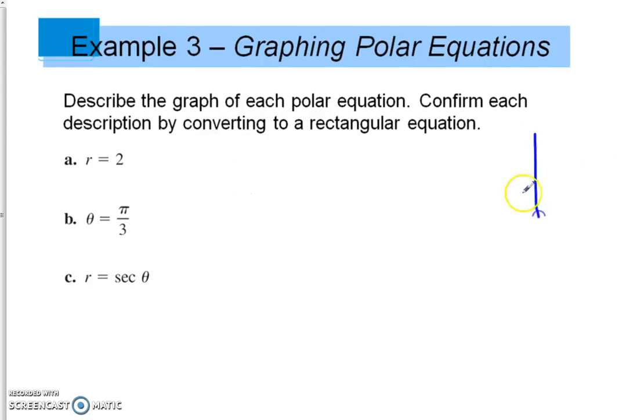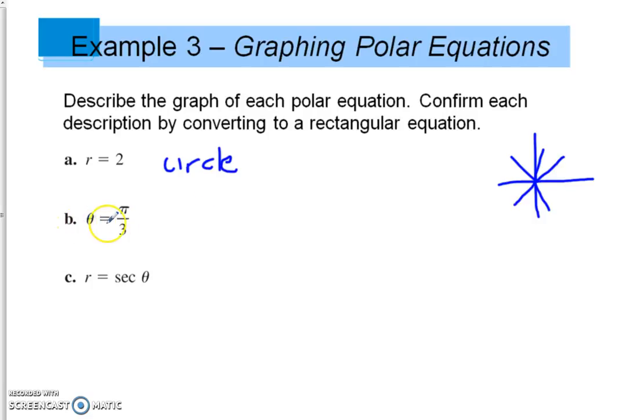If r was always 2, whether it went there, or there, or there, or here, you could start to see that, hey, I think that's probably a circle. And so that's what it is. It's a circle with radius 2.